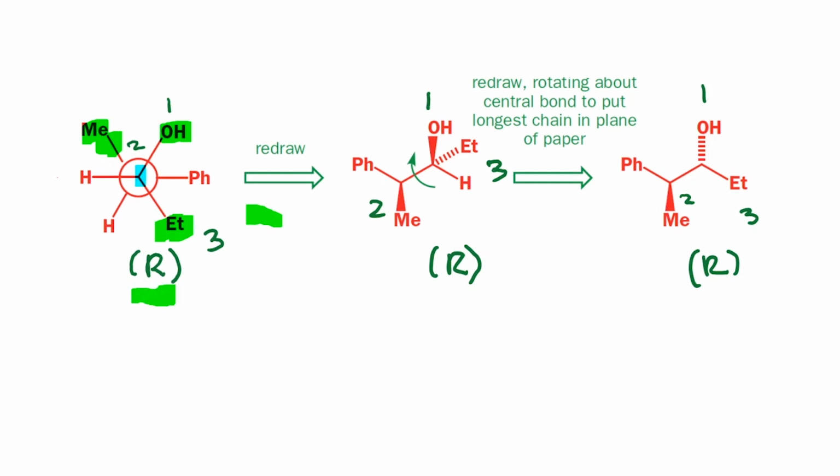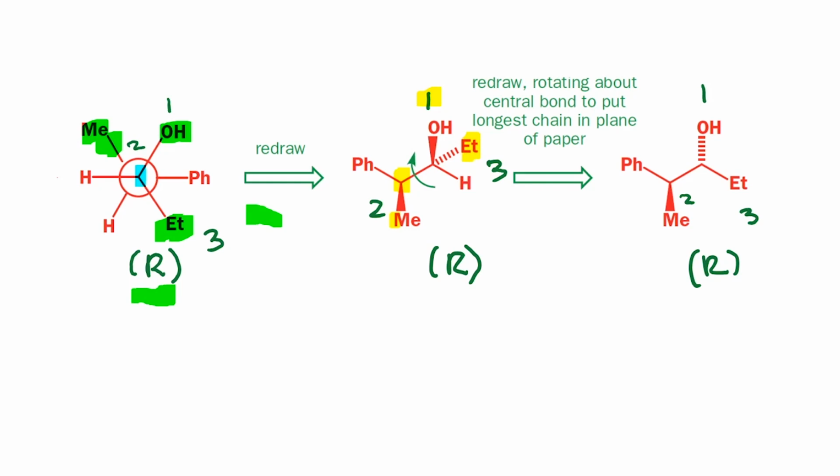Now, when I'm drawing the next structure, whatever method you follow to draw it, the absolute stereochemistry will remain intact. So I go back and assign the stereochemistry for this product here. This is priority number 1, this carbon here is priority number 2, the ethyl group is priority number 3, and of course hydrogen is priority number 4.